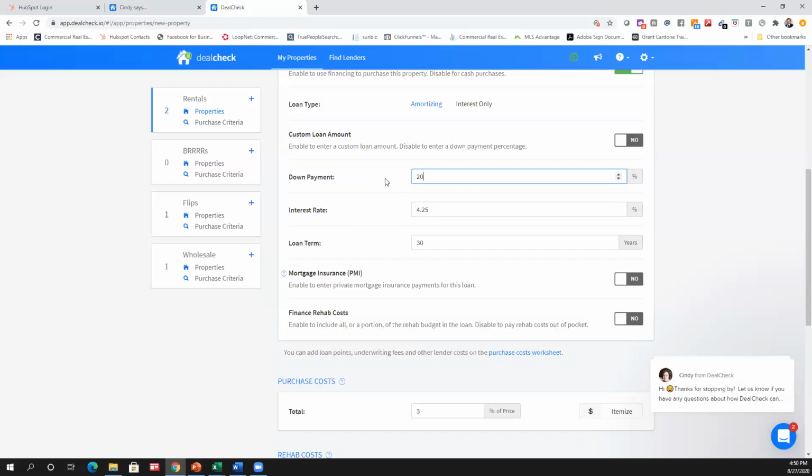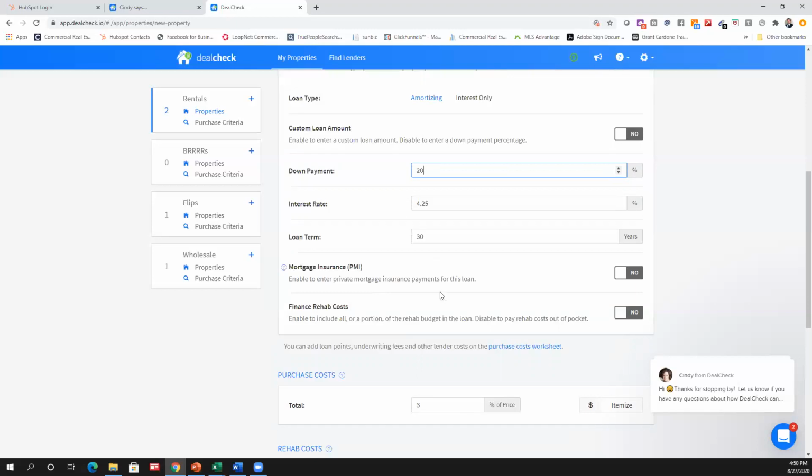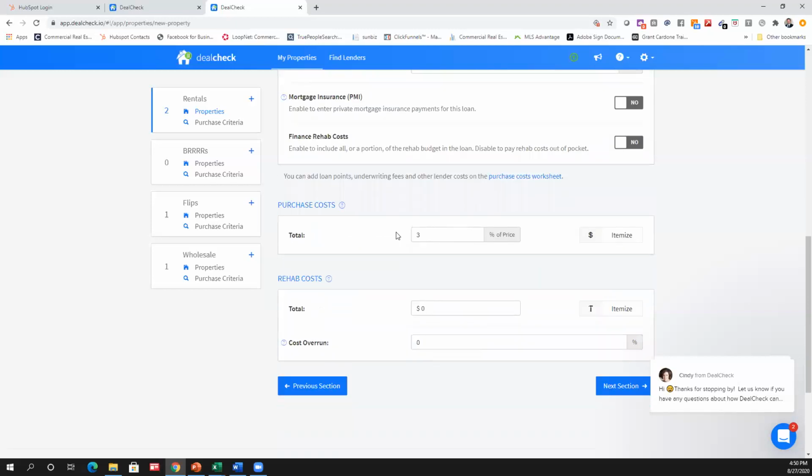And the way you get that is you divide the net operating income minus your debt service by your initial investment. In this case, we just use 250. So again, we'll have another training on the cash on cash metric, but that's just a high level overview of what that metric is. But purchase cost, let's say 3%.